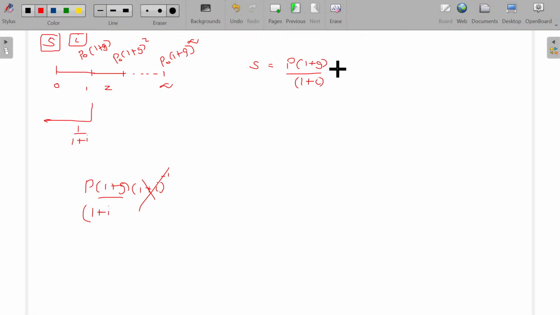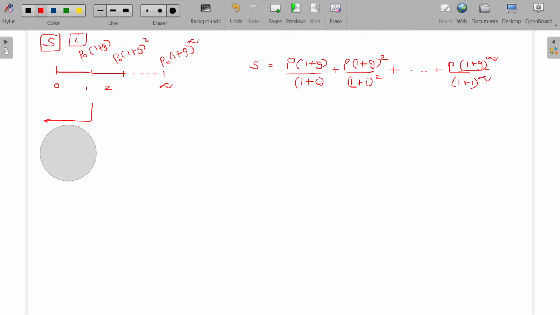Next year, P into 1 plus g to the power 2 divided by 1 plus i to the power 2, and it goes on. Finally, P into 1 plus g to the power infinity divided by 1 plus i to the power infinity. This will be equation number 1.